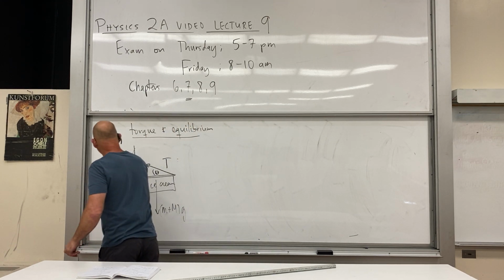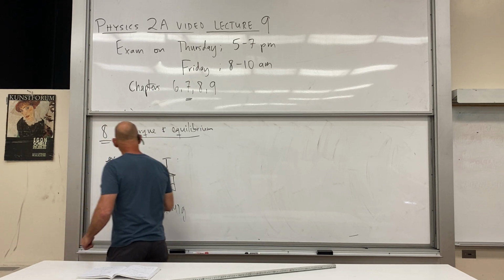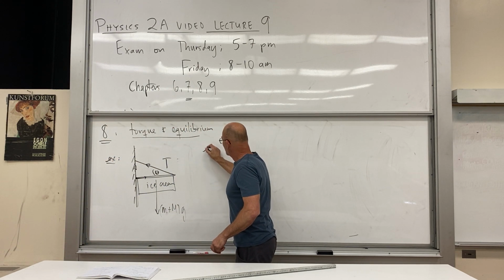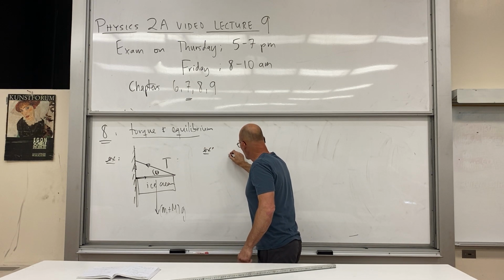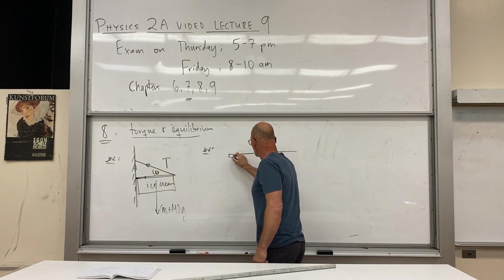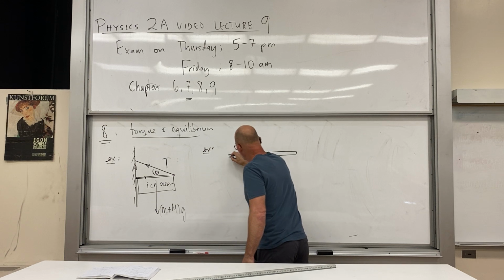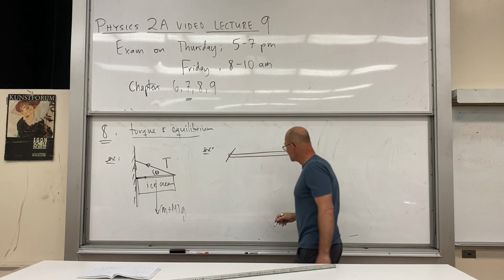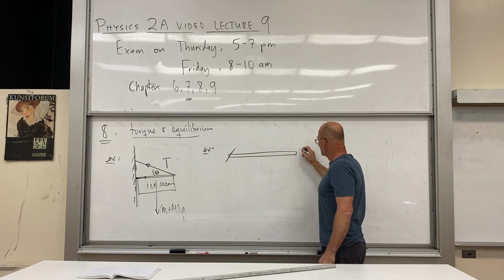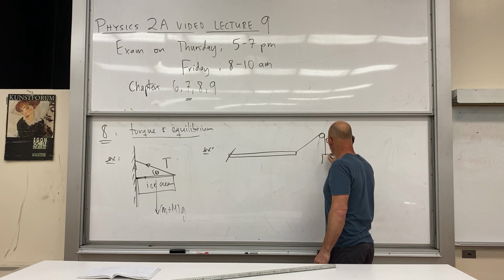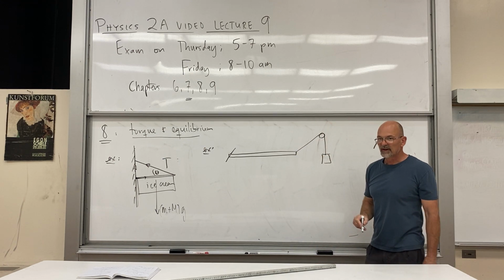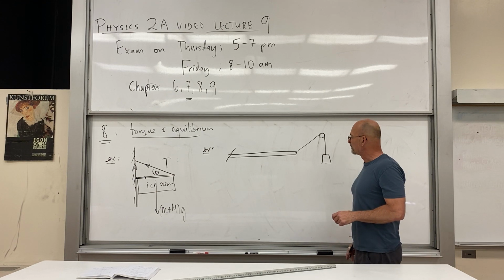So I just write here example, and the more general example from the lab, when we had the ruler, there was the axis pin, and we had this one going over a pulley and some mystery mass here. That one was surprisingly difficult.